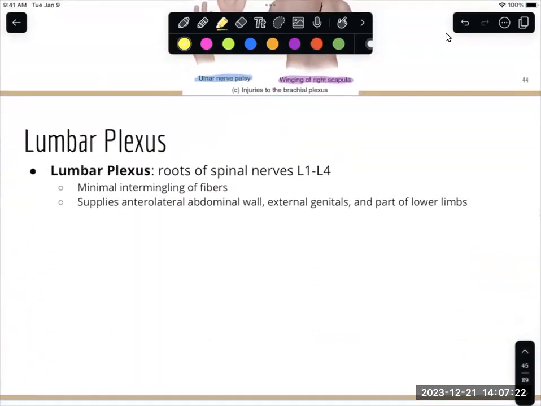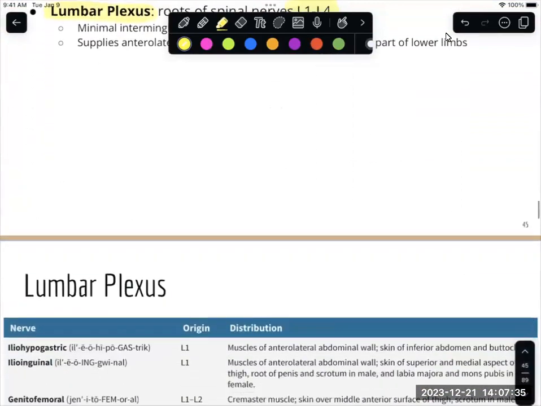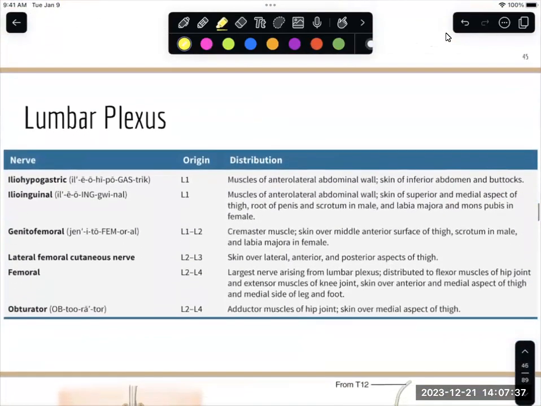Lumbar plexus. The lumbar plexus is L1 to L4. The lumbar plexus goes down the front of the leg.